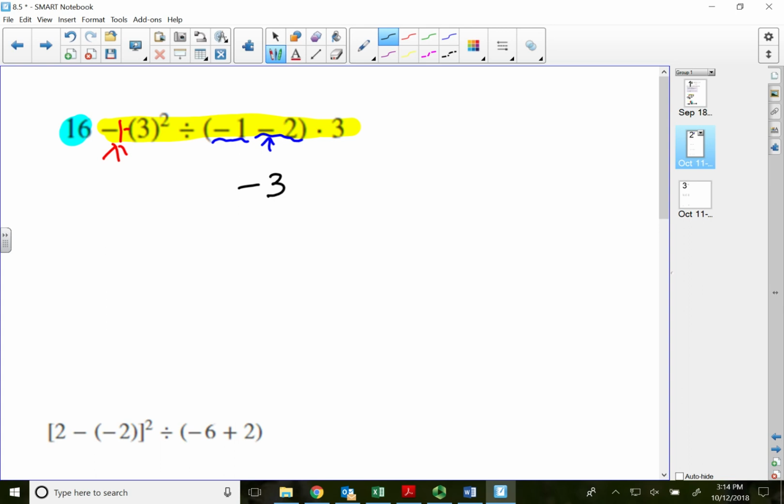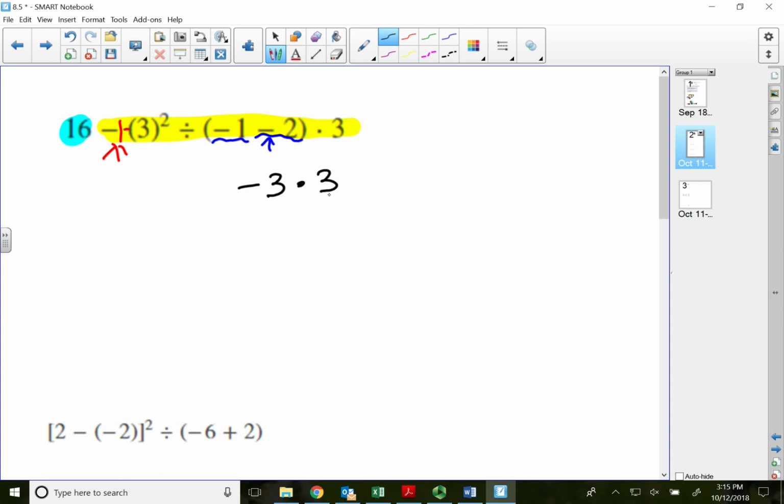All right. And this time, I'm not going to put my negative 3 in parentheses, because there's no exponent on the outside of it, so there's really no need for the extra parentheses here.